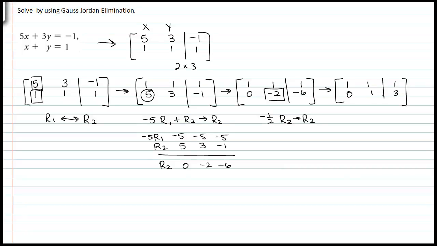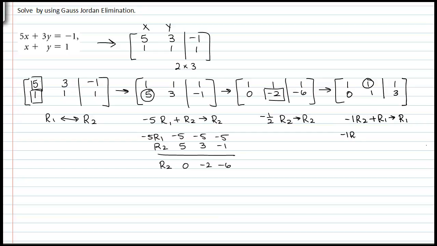The last thing we need to do is, in the second column, get the zeros above the 1. The way that we can do that is to multiply the second row by -1 and add it to row 1. And since we want the 0 to be in row 1, that's where we're going to put the new row.